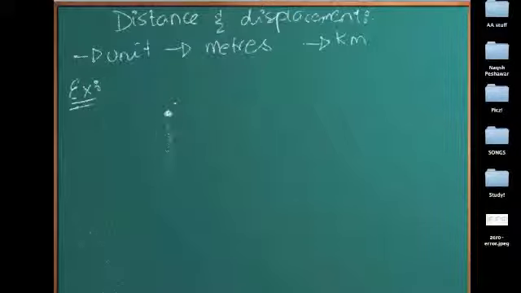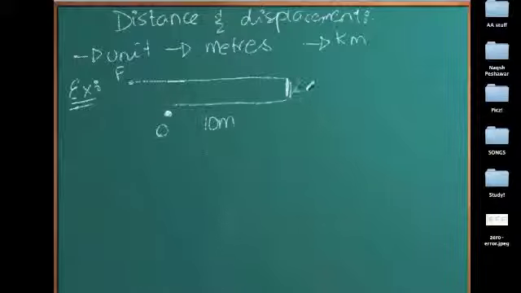This is a point O, and you traveled a distance from here to here and till this point. This was your final point, which is P. Now this distance was 10 meters, this was 2 meters, and this was 15 meters.